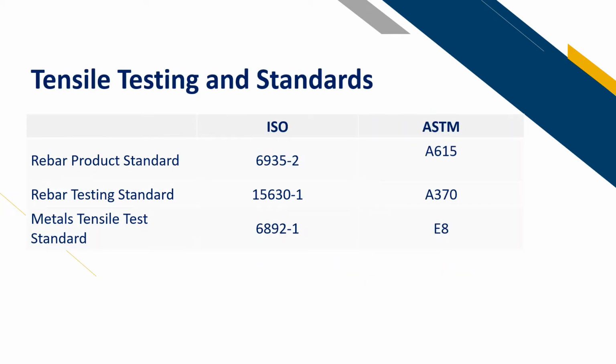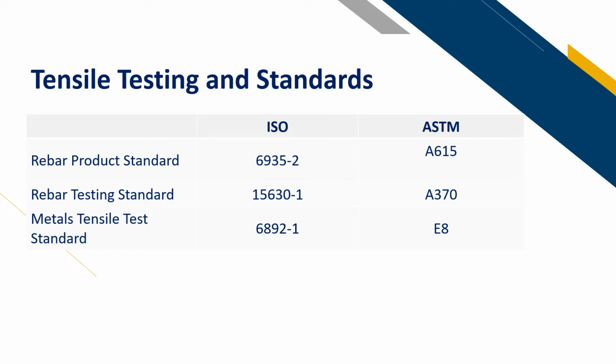So here are the codes or numbers with respect to the standard institution, with respect also to the tensile strength determination or tensile testing and standards. For the rebar product standard under ISO, it has a code of 6935-2, and for ASTM, the number is A615.